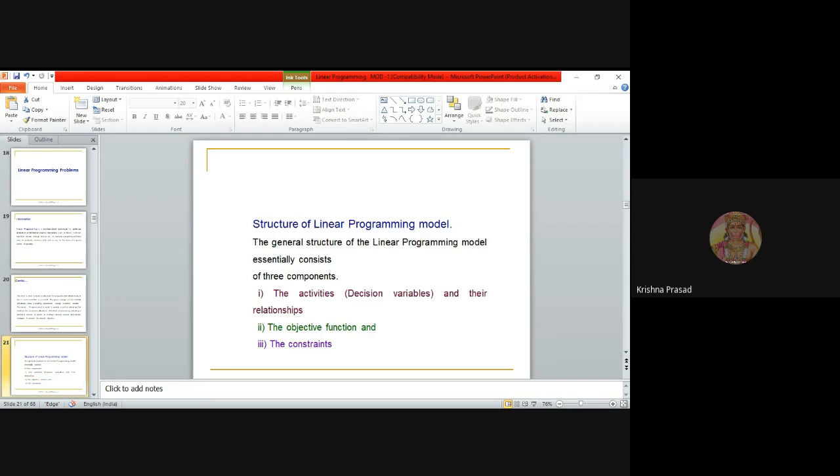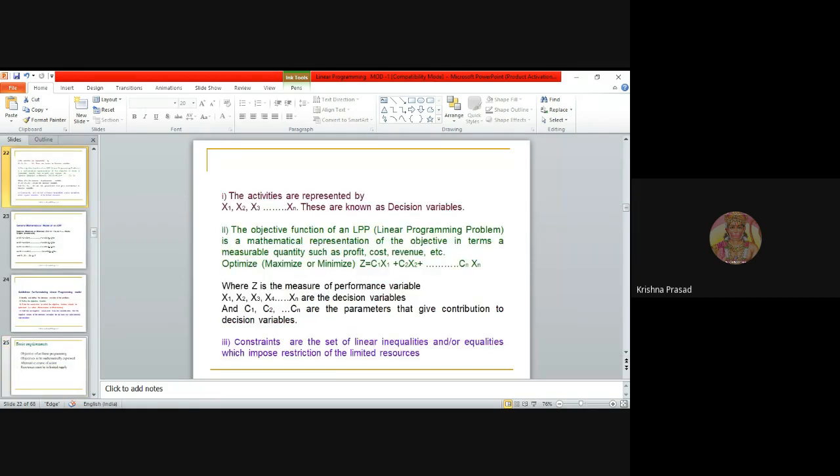All these things are constraints. If there is no borewell and you depend only on rainy seasons, definitely it becomes a constraint. Your main objective is making more profit, but that becomes a constraint. Last one is the non-negative variable.